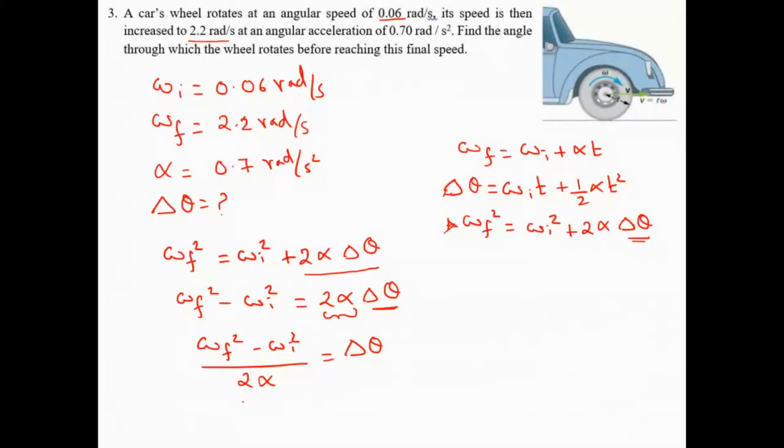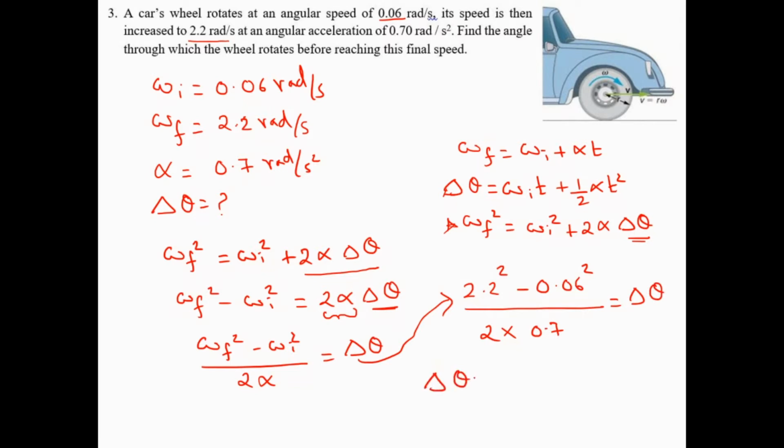So now I'm going to substitute the values. What is our final angular speed? 2.2 square minus 0.06 square divided by 2 multiplied by the angular acceleration 0.7, which is equal to delta theta.